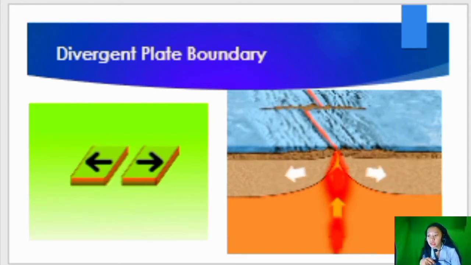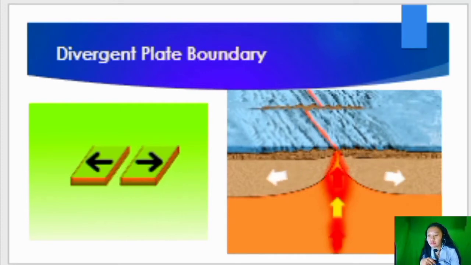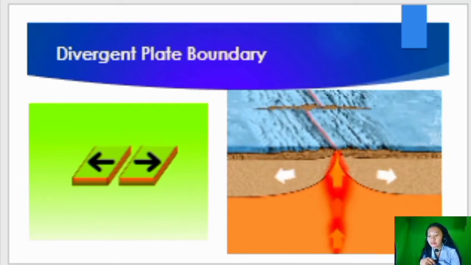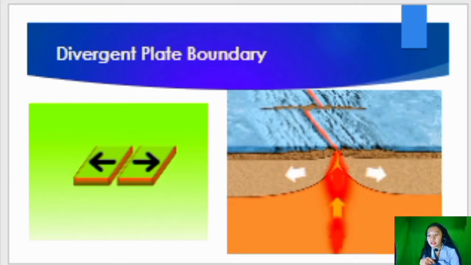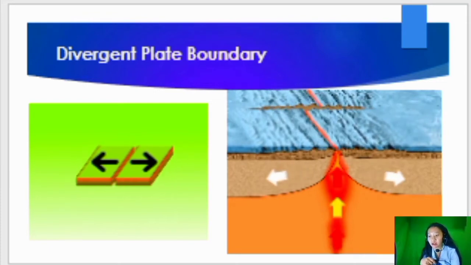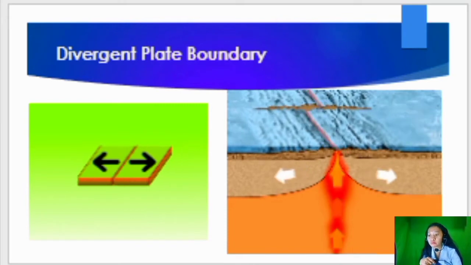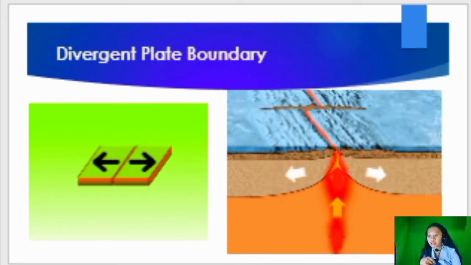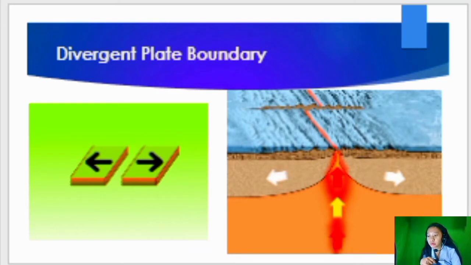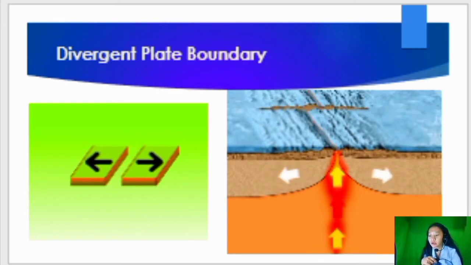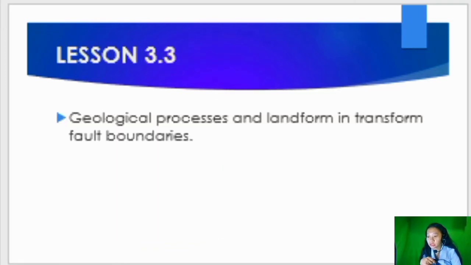As we can see, there are two plates moving away from each other. If convergent plates move towards each other, the divergent plate is the opposite. The two plates will move away from each other. I hope you do remember it because we will be using that idea in our discussion later.